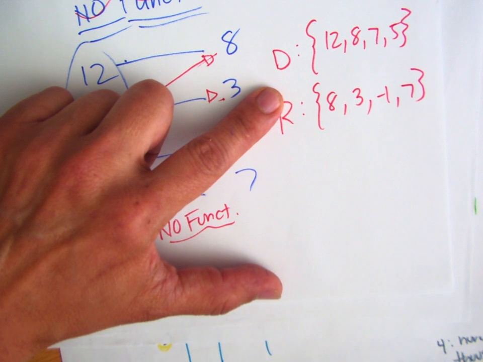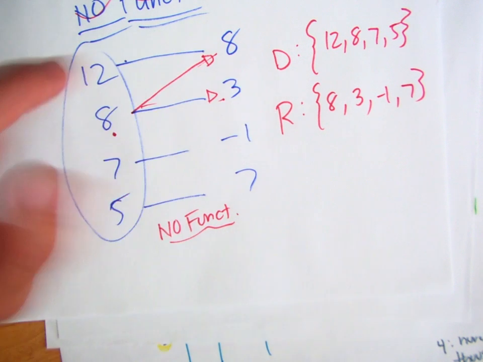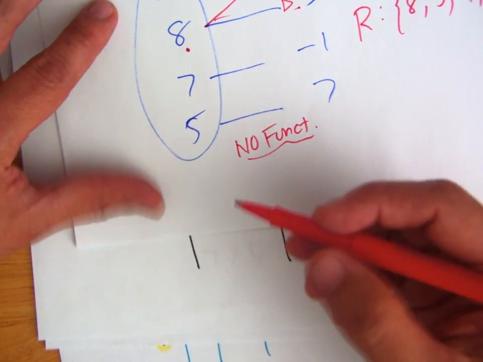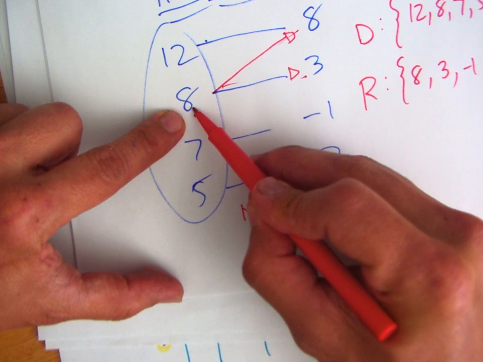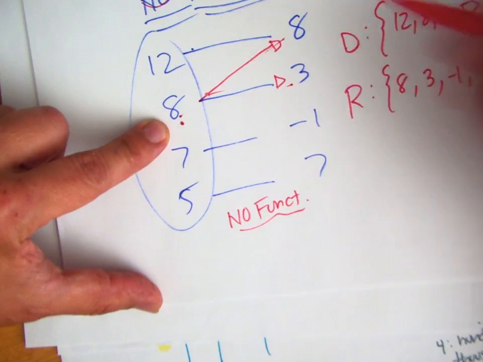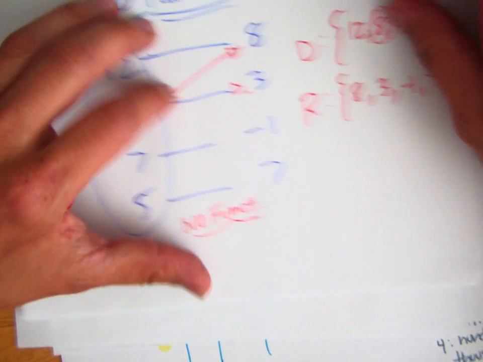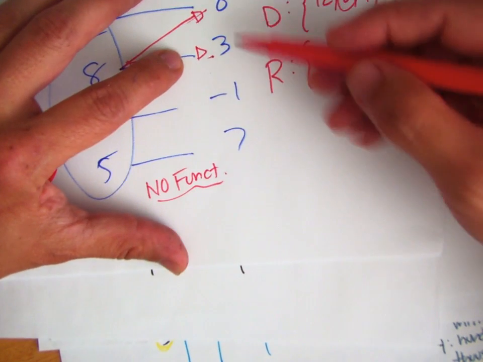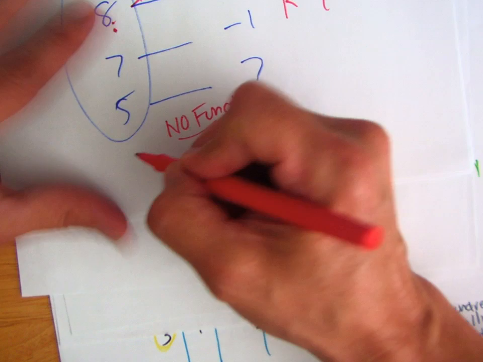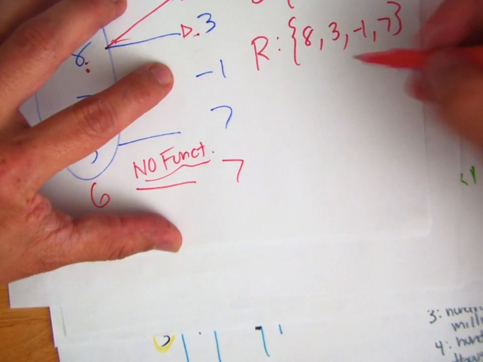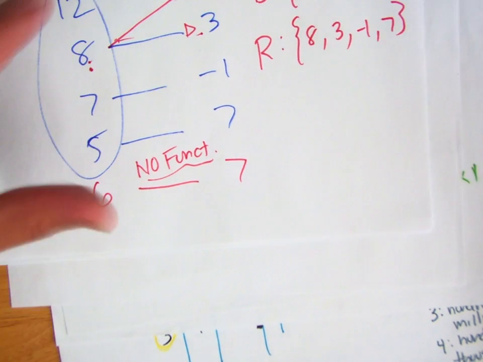With the domain, for example, right here you had 8 twice, but you only write it once. You don't write the domain twice. It doesn't make sense. And if you have the range, let's say you have another one and you have 6 and that's connected to 7, you only write the 7 once. Don't write it twice.